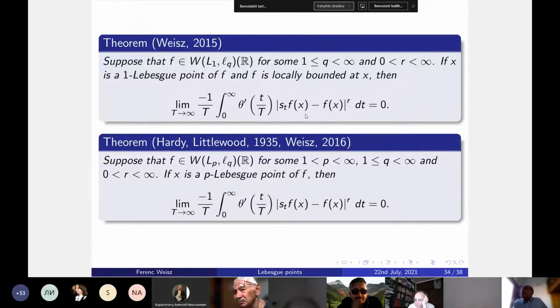So you can see here the first result. Suppose that f is in the L1, LQ space, q is greater than or equal to 1 and smaller than infinity, r is a positive real number. If x is a one Lebesgue point of f, and f is locally bounded at the point x, then f is strongly summable.